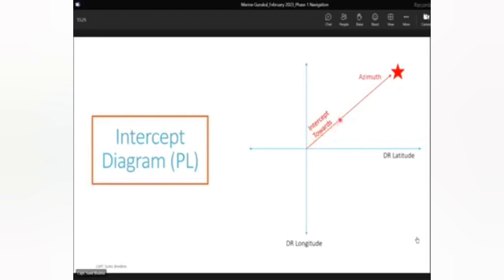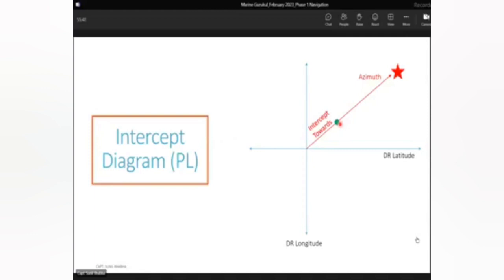Once you cover that much distance going towards the body, the point where you reach is the point from where the PL will be passing. This point is known as the intercept terminal point, or ITP.